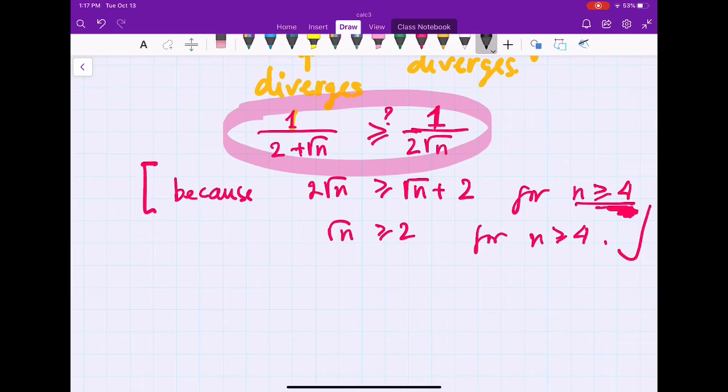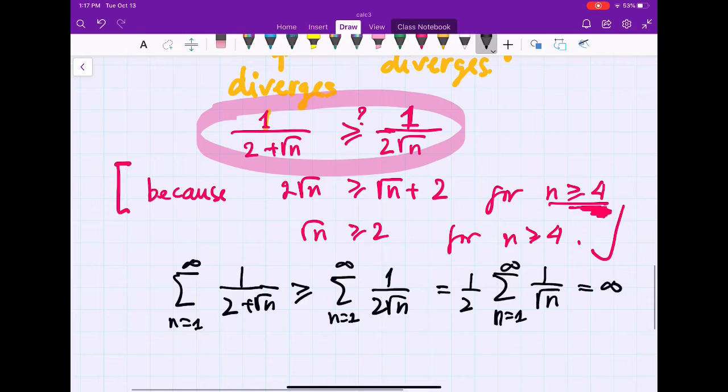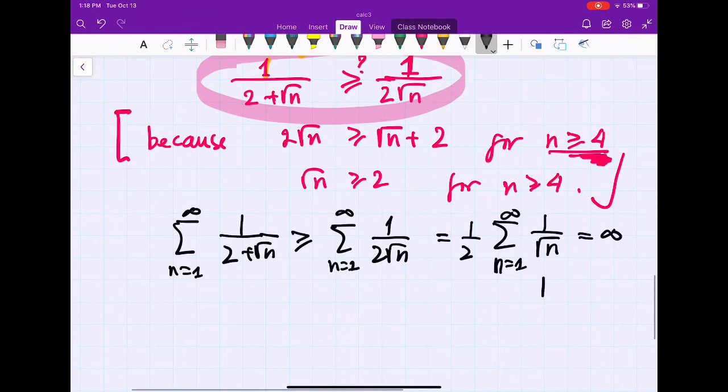So from here I get the sum of 1 over 2 plus square root of n, from 1 to infinity, greater than or equal to the sum of 1 over 2 square root of n, from 1 to infinity. And that is a 1/2 P series, right? This is equal to infinity, because P in this case is 1 over 2, less than 1.